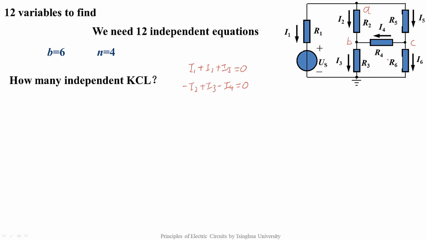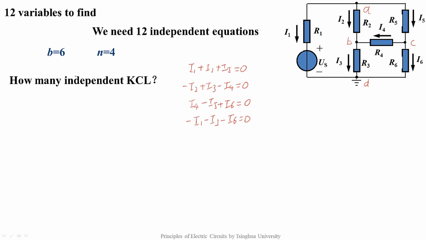For this node C, the sum of currents flowing out is also 0. We can write the equation I4 plus minus I5 plus I6 is equal to 0. For this node D, analogously, minus I1 plus minus I3 plus minus I6 is equal to 0. We got 4 KCL equations now.